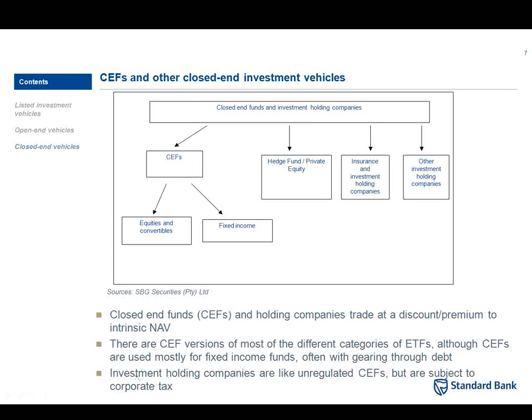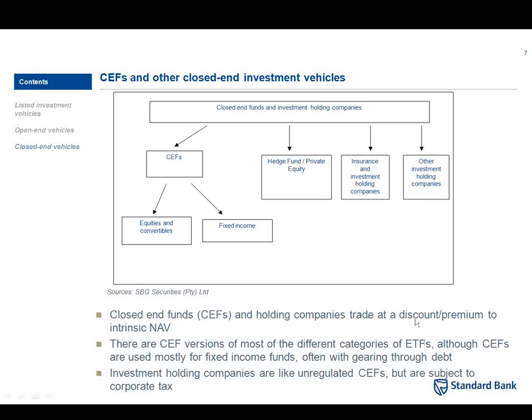So the difference with the ETFs is that these ones have a limited number of shares or units, and so they trade at a discount or premium to intrinsic NAV, mostly a discount. And when you look at the various CEFs, you'll find that in fact there are pretty much examples of CEFs to match just about every kind of ETF, but in the main they are used mostly for fixed income based funds, and they often use gearing through debt.